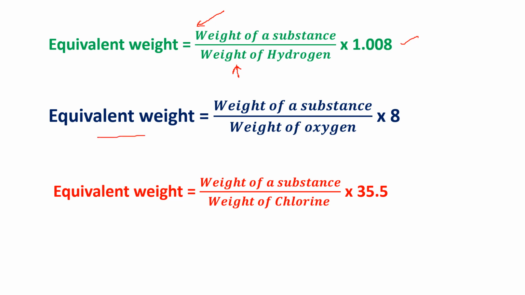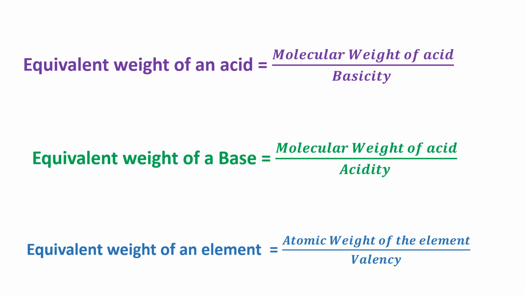If it is oxygen, then the weight of the given substance divided by the weight of oxygen into 8. Similarly, if it is chlorine, then the weight of the substance divided by the weight of chlorine into 35.5. Then we'll go through one by one.